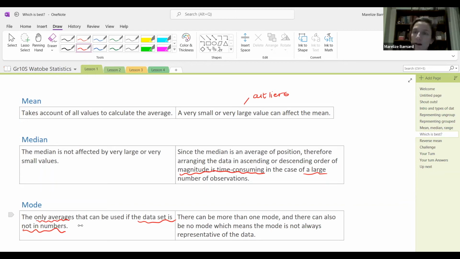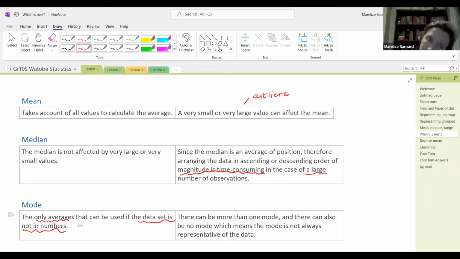So if we looked at eye color in this class, as opposed to height, think of those two data observations. With eye color, we can only look at the mode. We can't really calculate the average eye color. We can only look at what is the most frequent eye color recorded.